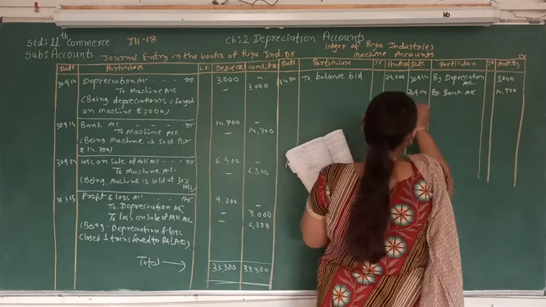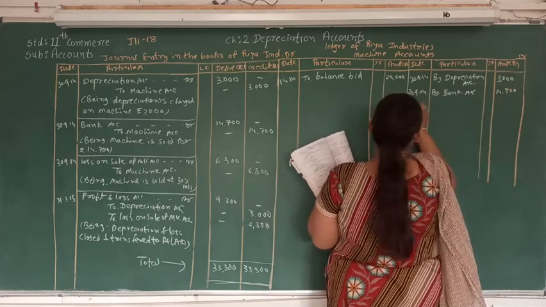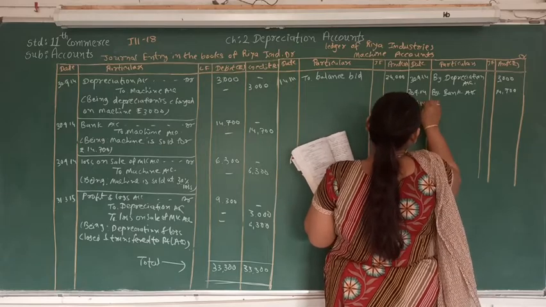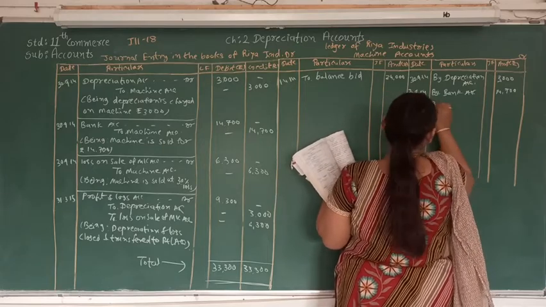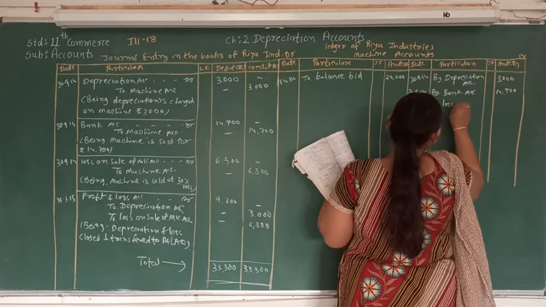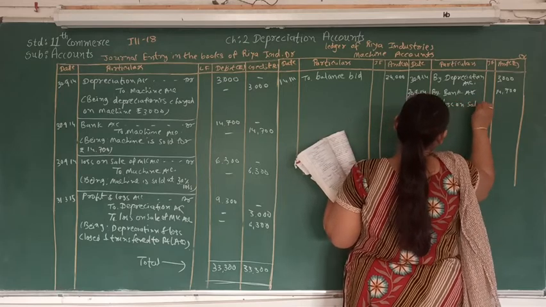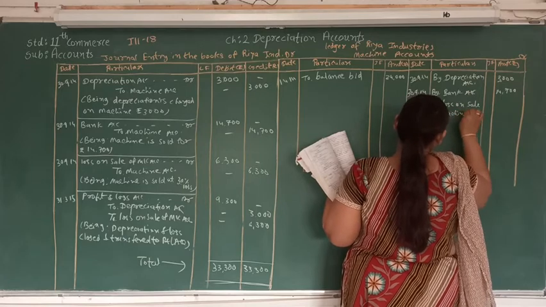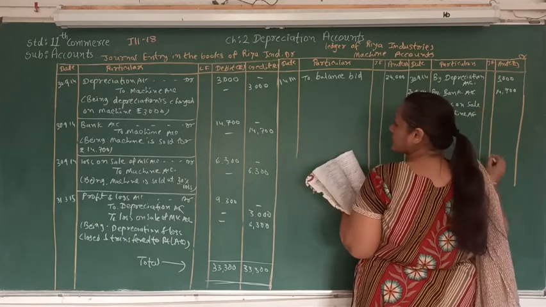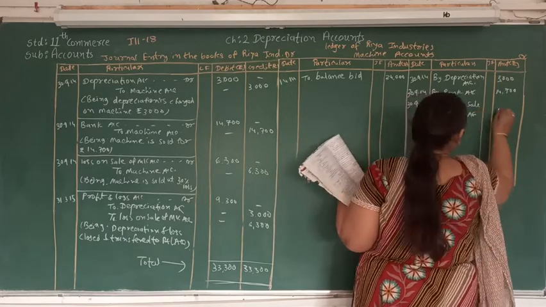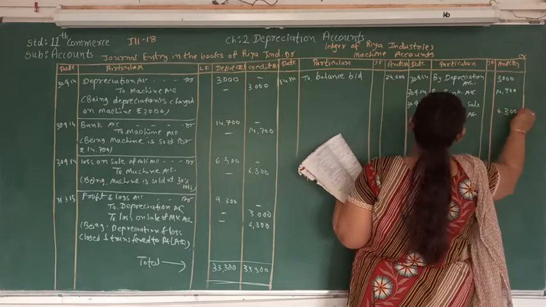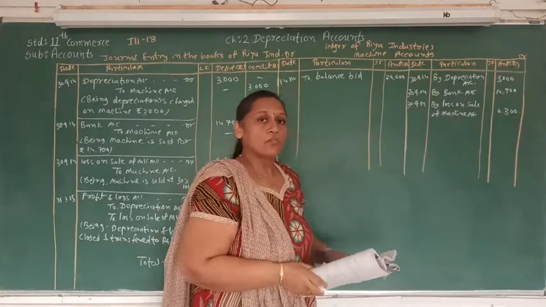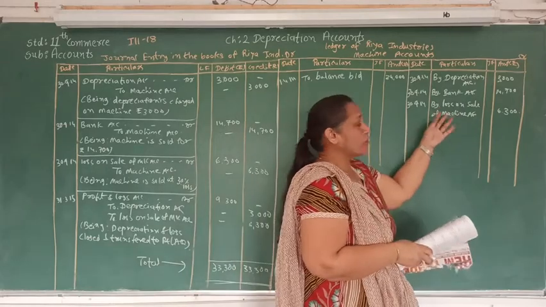Then on the same day we are going to provide for the loss. So here by loss on sale of machine account, and it will be 6,300. So this is how we have to provide for loss.